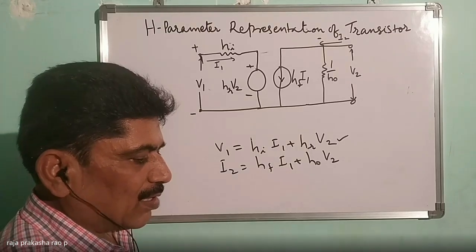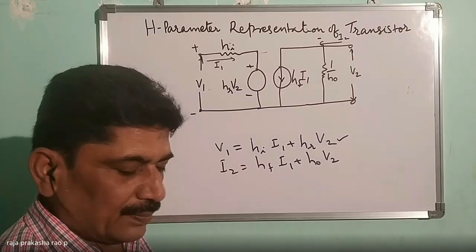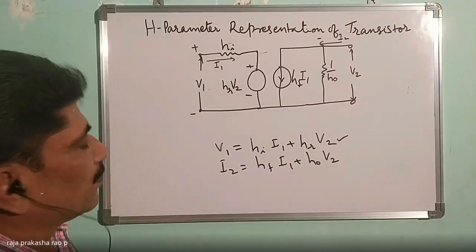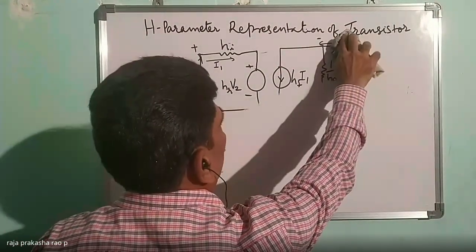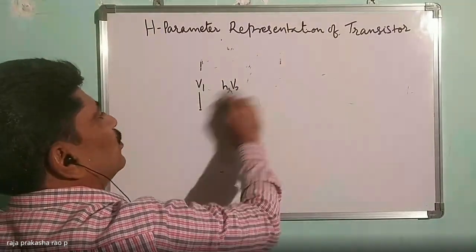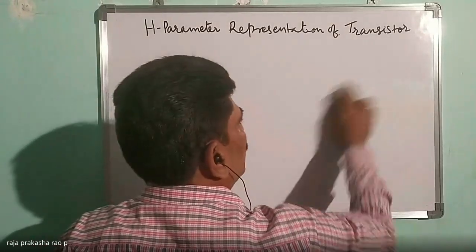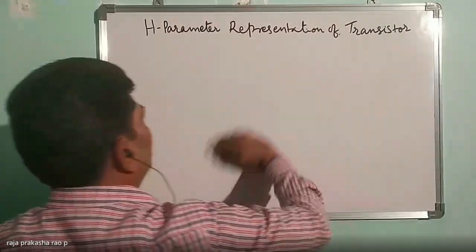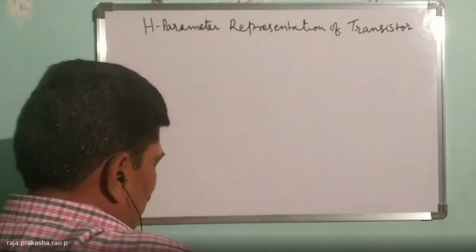Let us consider the common emitter circuit now. Emitter is common to both input and output. Input here is base and output is collector. So let us draw the transistor circuit now.